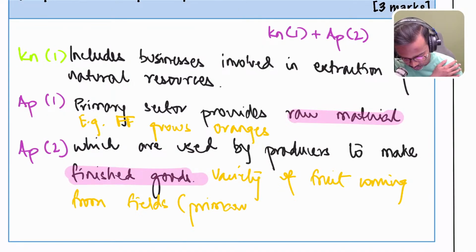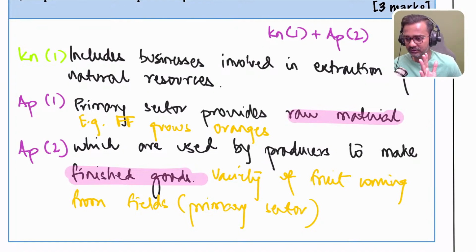So you could use the example given in the case study as application. That's perfectly fine. Or you could do it without it in part A only. Okay. Right. Both are equally fine.